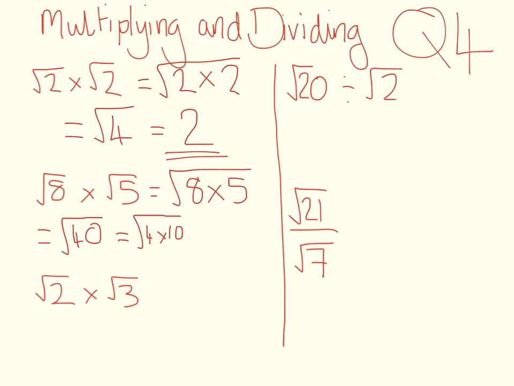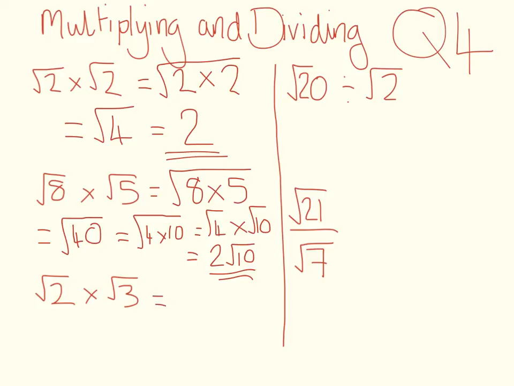So I can split that into 4 and 10. So I've got square root 4 times square root 10. And square root 4 is 2. So I've got 2 square root 10. Now, you would need to fully simplify it to get full marks in most cases, so it's always important that you check whether you can simplify your surd.